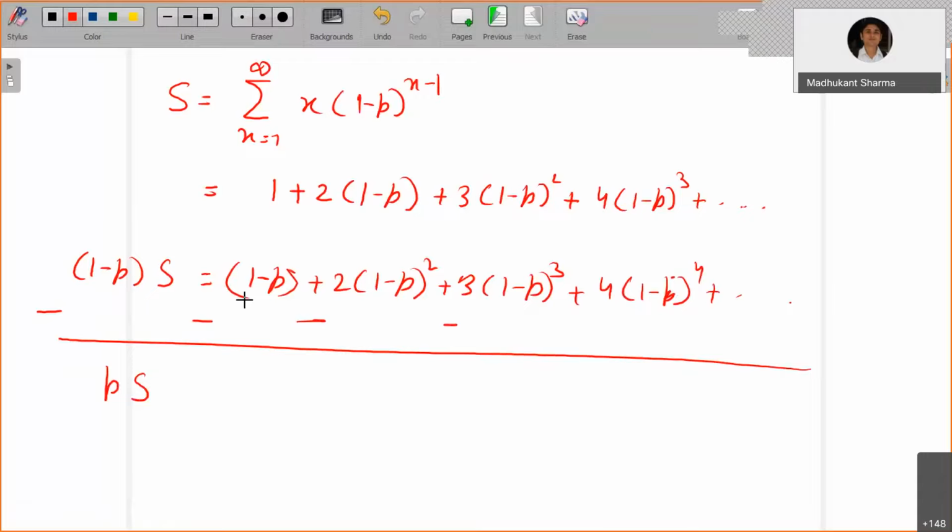Now that is equal to 1 plus (1 minus p) plus (1 minus p) whole square plus (1 minus p) whole cube and so on.